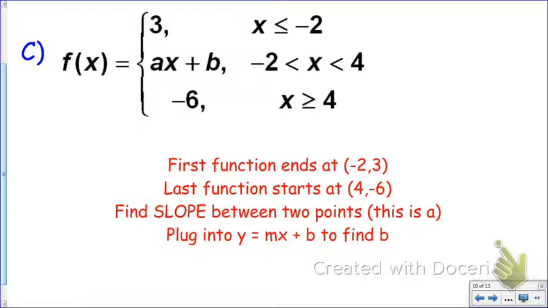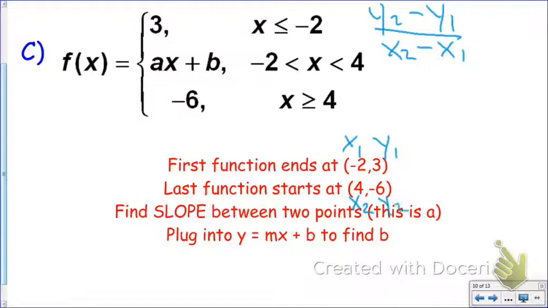So first thing we're going to do, in order to find slope between 2 ordered pairs, we need to use our formula y2 minus y1 over x2 minus x1. I'm going to call -2, 3 my first ordered pair. So I have x1 is -2, y1 is 3, 4 would be my x2, and -6 would be my y2.